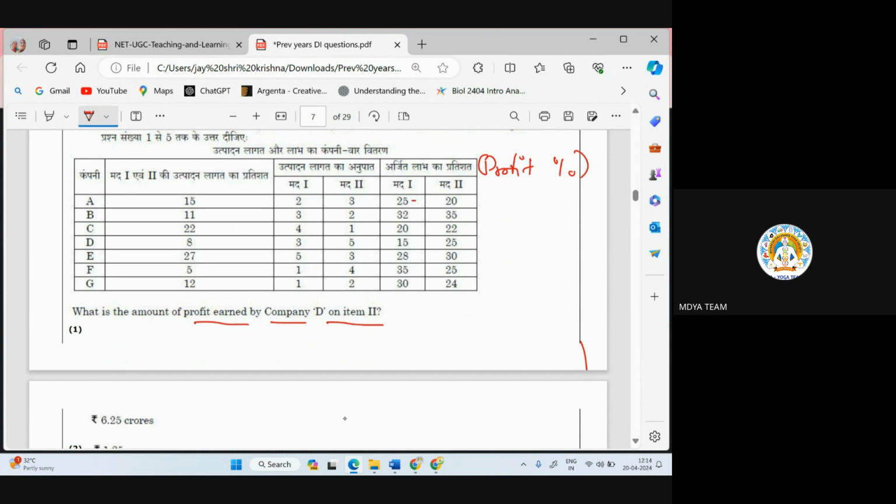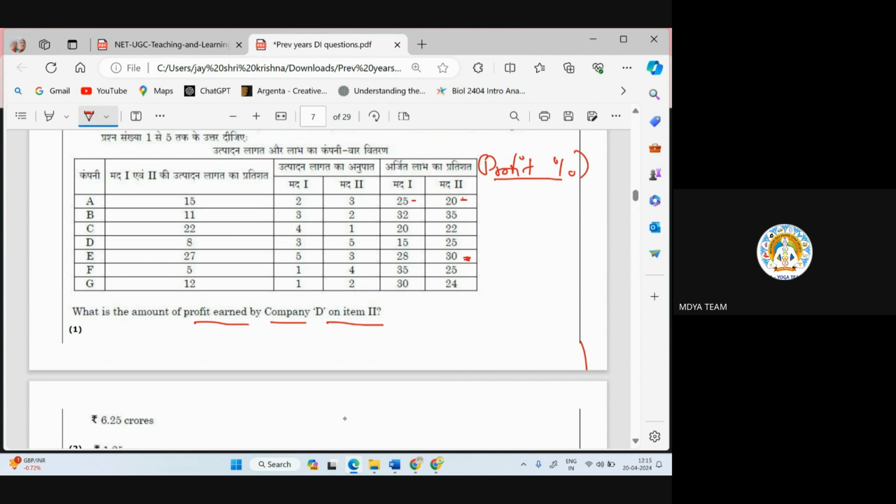On item 2, company A got how much profit percentage? 20%. On item 2, company E got how much profit percentage? 30%. Okay, so you are given the profit percent here.